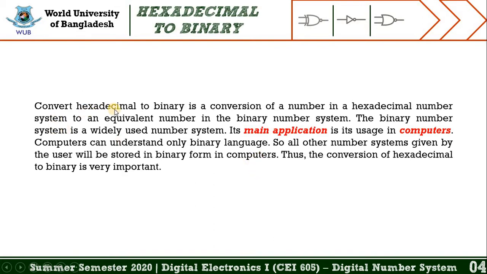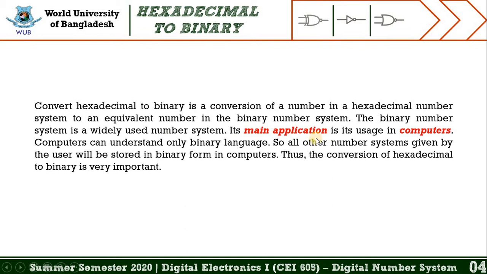From this slide, you will learn the overview of the conversion of hexadecimal to binary number. So let's start. Convert hexadecimal to binary is a conversion of a number in the hexadecimal number system to an equivalent number in the binary number system. The binary number system is a widely used number system.